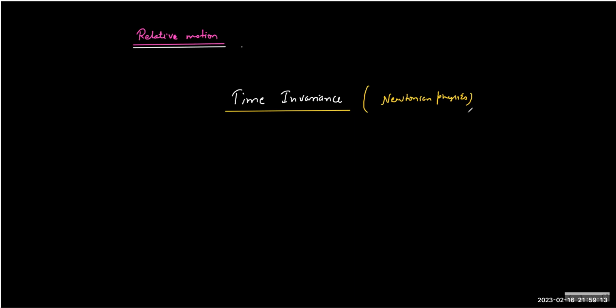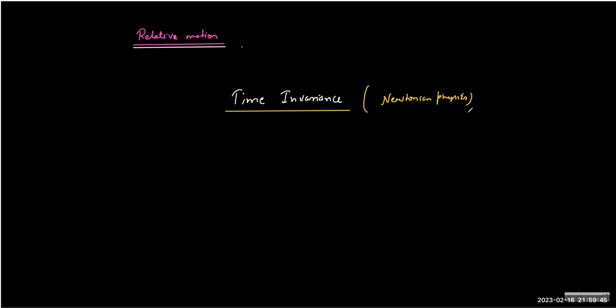Do you agree? Yes, for speeds much less than the speed of light. That's why I say Newtonian physics. If you go to the Einstein world, things will change. In the Einstein world, the time of an event depends on the frame. The same event will happen at different moments of time. So you may be dead in one world, but still alive in the other. Quite possible.